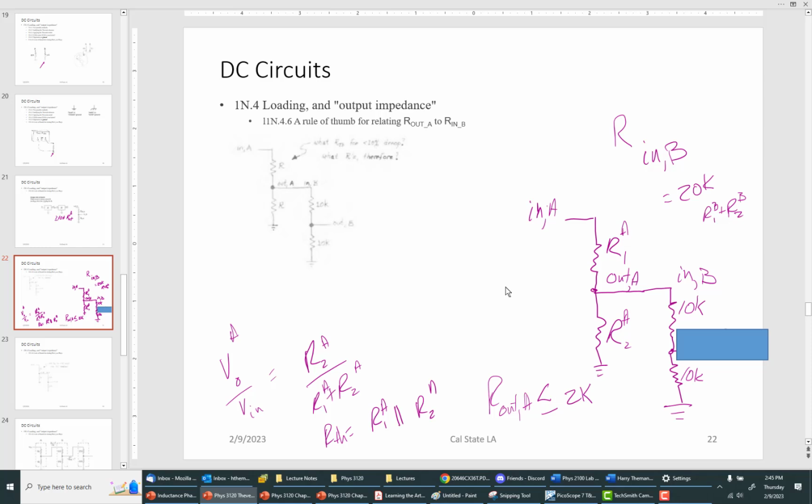So current is going to flow from the output of A into the B and down to ground. And the amount of that current is going to be proportional to the voltage at A out divided by the total R, which in this case is R1 plus R2. So the input impedance of a voltage divider is simply summing the two resistors.